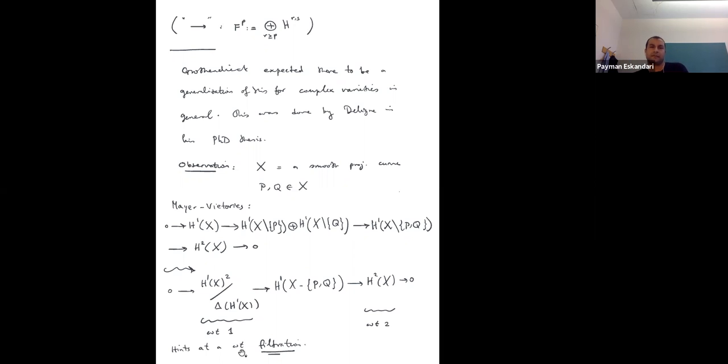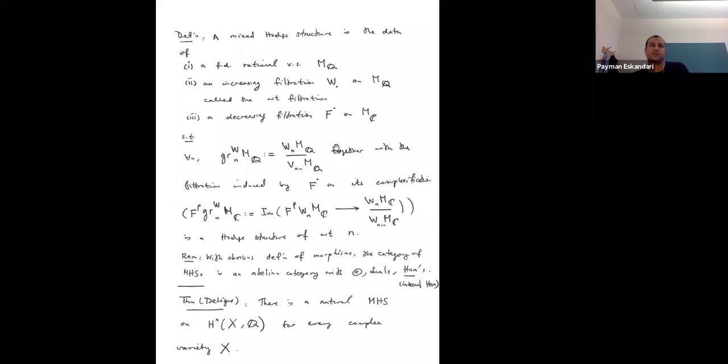This sort of motivates the following definition due to Deligne, that a mixed Hodge structure is the following data: a finite dimensional rational vector space M_Q, an increasing filtration on this rational vector space, call it the weight filtration, and then a decreasing filtration, which we call the Hodge filtration, on the complexification of the rational vector space.